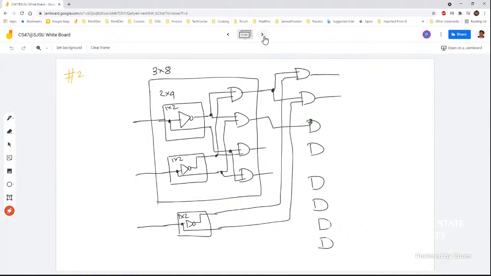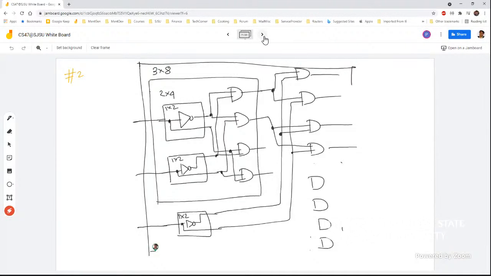They will represent one of the terms, and so on and so forth. So we have built a 3/8 line decoder.